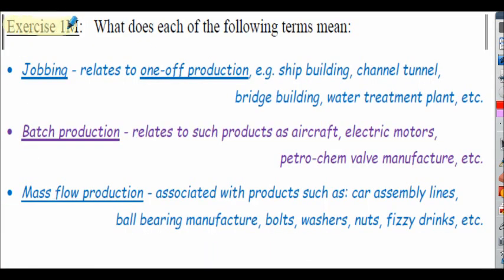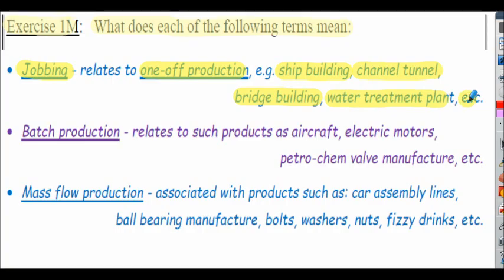Here is exercise 1N. What do the following manufacturing terms mean? The term jobbing relates to one-off production, for example, shipbuilding, tunnelling, building bridges, water treatment plants, etc. They tend to be seen as one-off items.